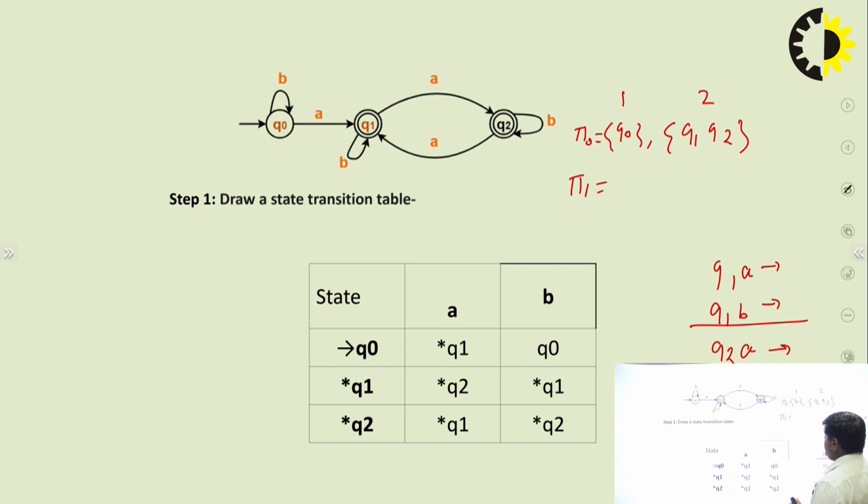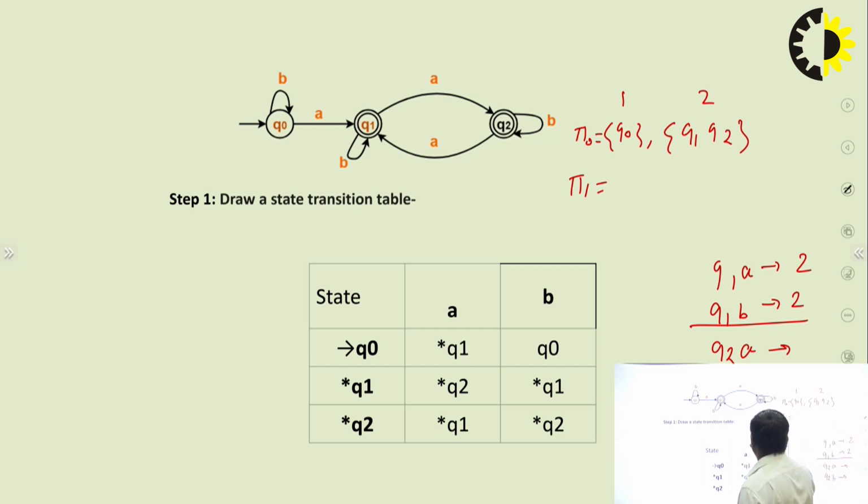What is Q1A? Q1A is Q2, which lies in set 2. Q1B is Q1, again set number 2. We check the transition function of Q2.